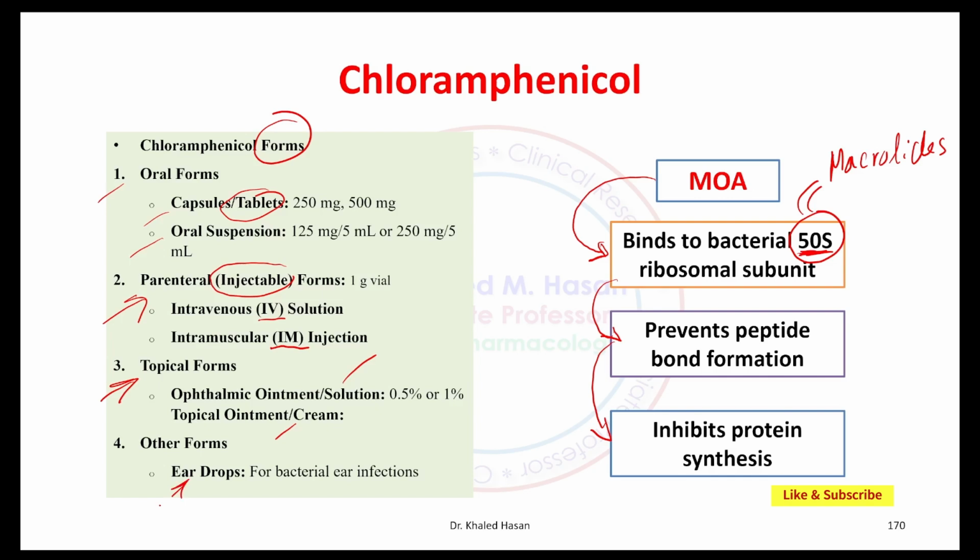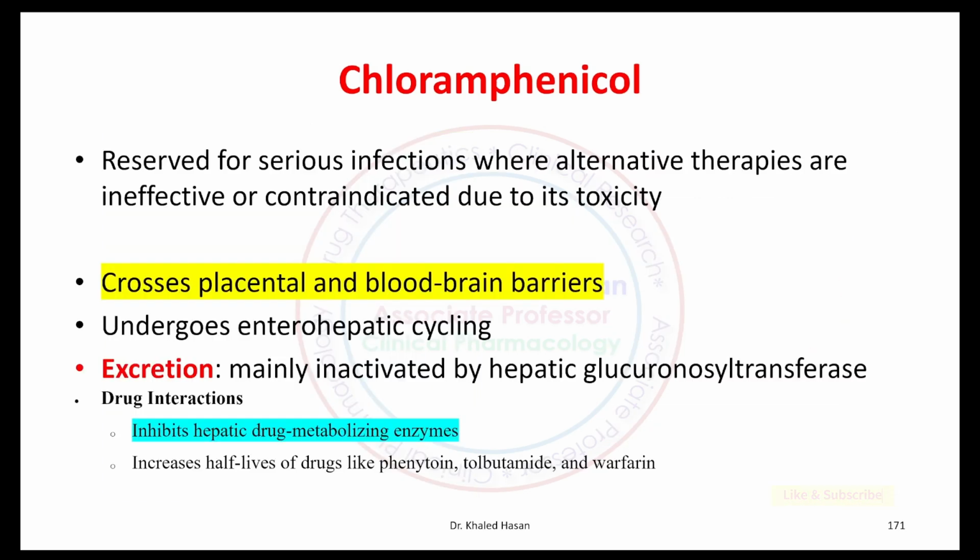So chloramphenicol is available as oral, parenteral, topical, and eye drops. We need to remember the main mechanism of action of chloramphenicol is binding to the 50S subunit and inhibiting protein synthesis.